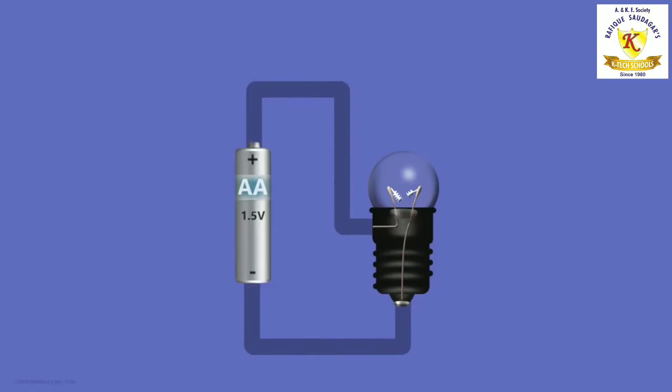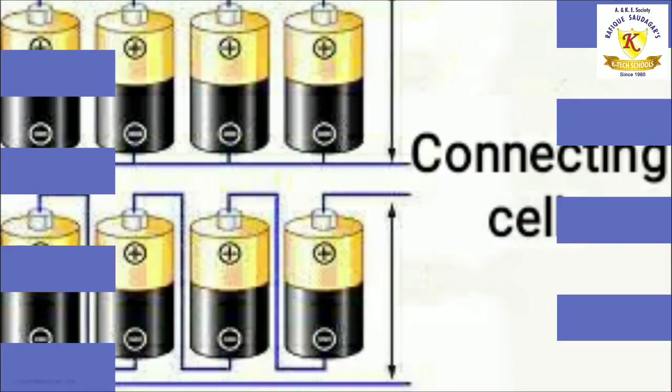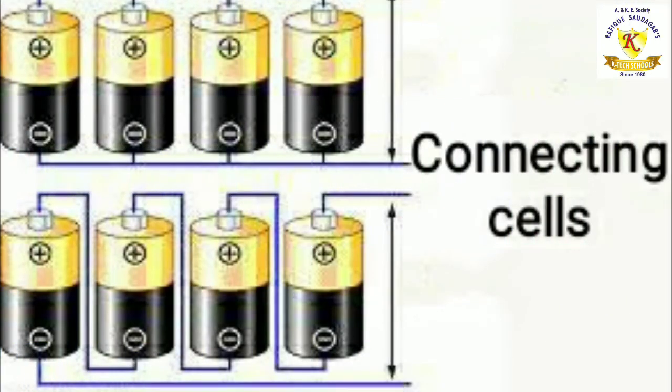But if this filament is broken, then will the bulb glow? No, it won't. This is because if the filament breaks, the circuit will be broken. Understood? Let's learn about connecting cells.